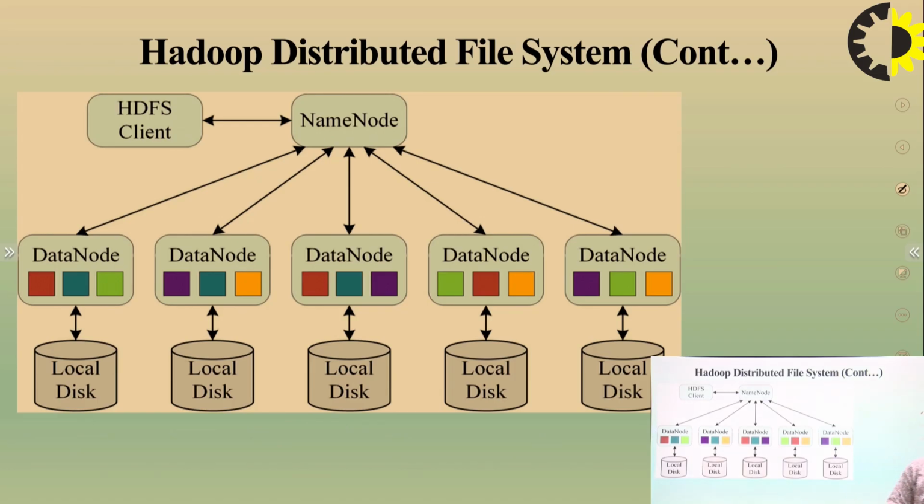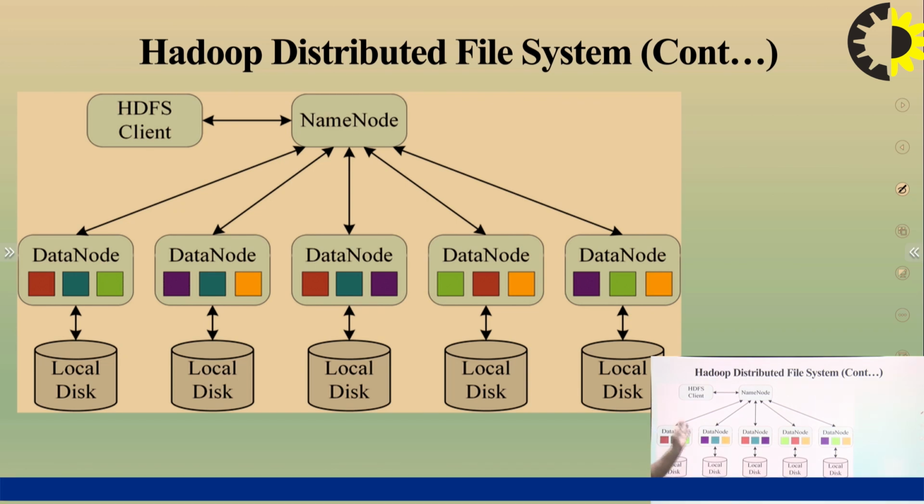Next thing, we will discuss the Hadoop file system, HDFS. Always keep in mind that we have one client, called the HDFS client. The HDFS client and name node communicate bidirectionally.